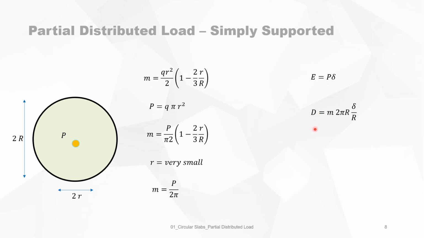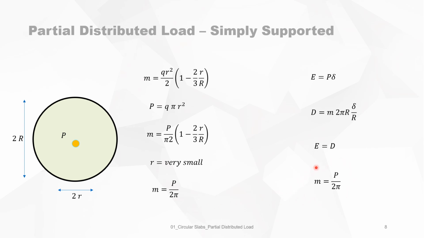The work done by the internal forces is then, like we've seen, the bending moment M projected to the axis of rotation, which is 2 pi r, and the angle of rotation is delta over r. From E equals D, we get M, the bending moment, and M is P divided by 2 pi. So we can be confident this result corresponds, so it's okay.